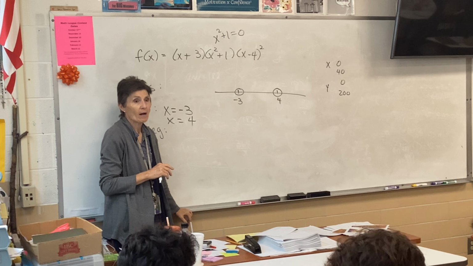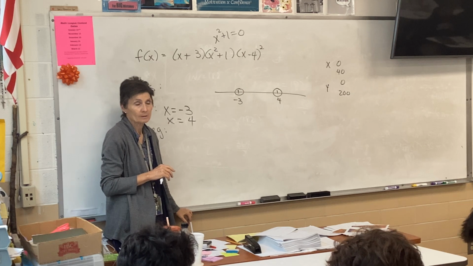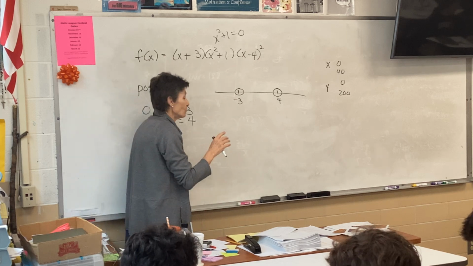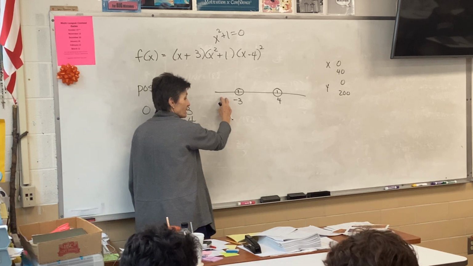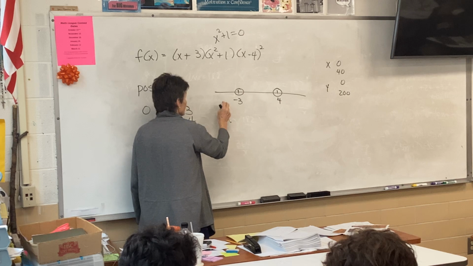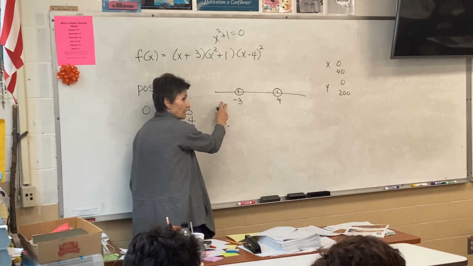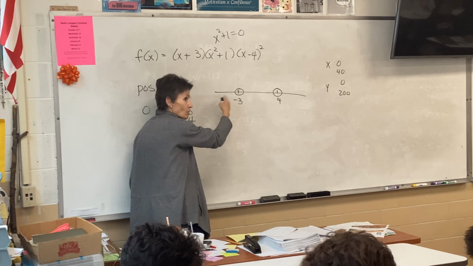Now I'm going to figure out where I'm negative or positive. So all we're going to do is pick a number right here. Negative 4, negative 5, negative 6, any of those would be okay.